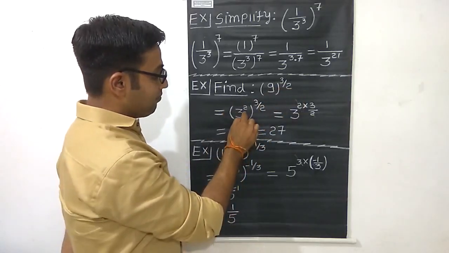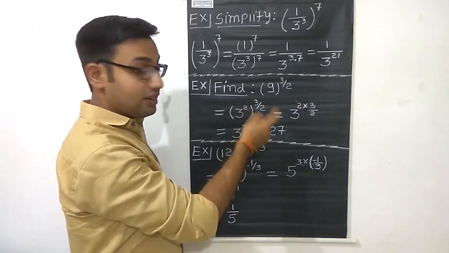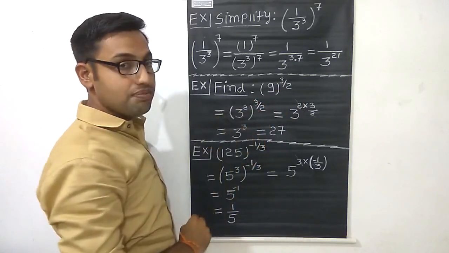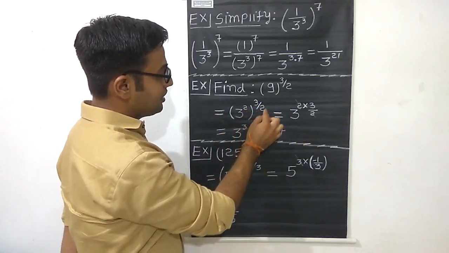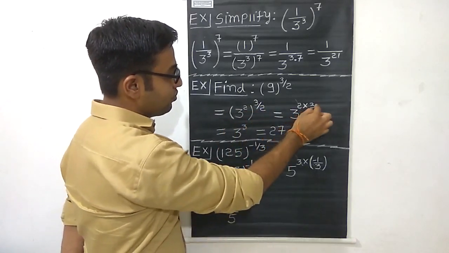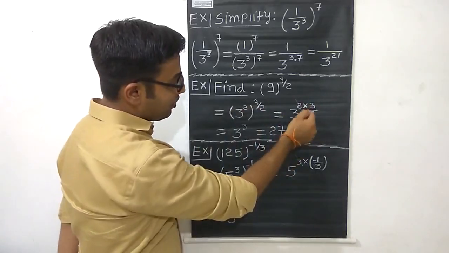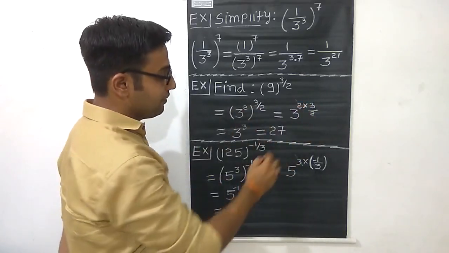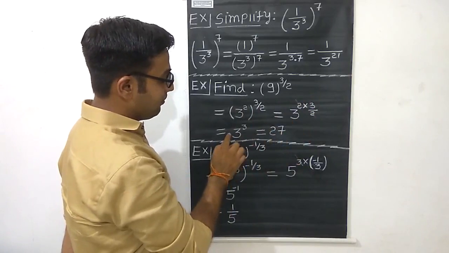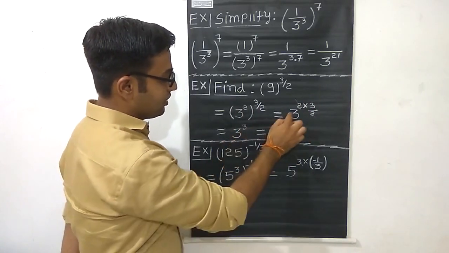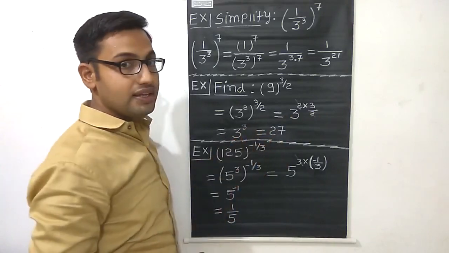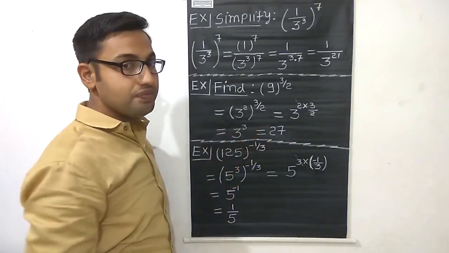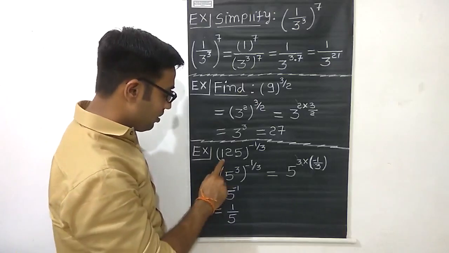Here we multiply both powers. The base remains the same, and this power multiplies with that power: 2 into 3 upon 2. Here the 2s cancel each other. So what remains is 3 raised to power 3, and 3 raised to power 3 means 27. That is 3 cube.